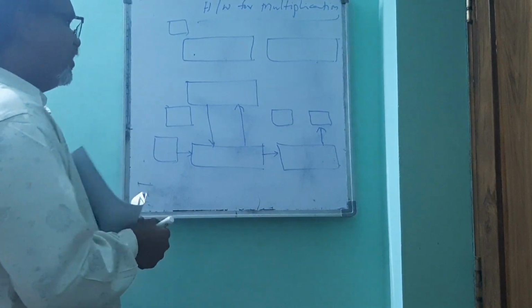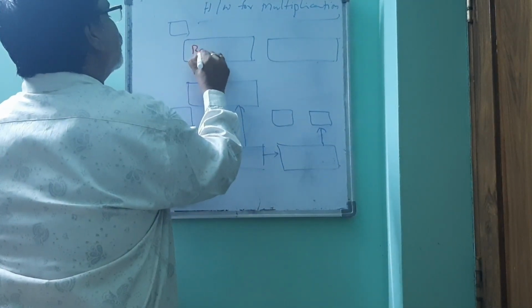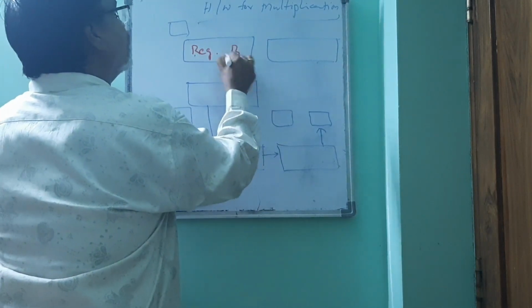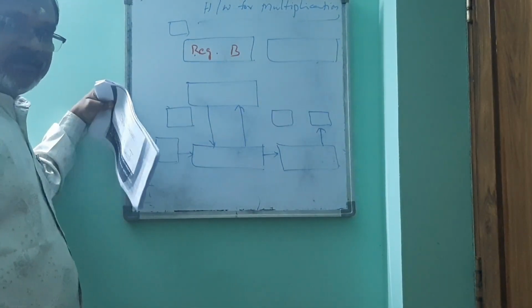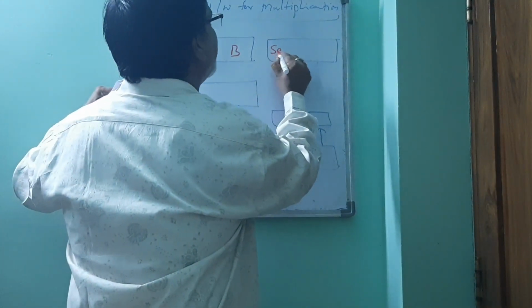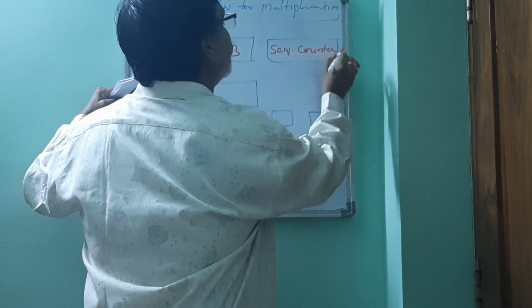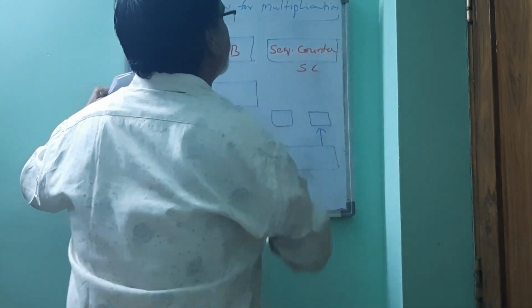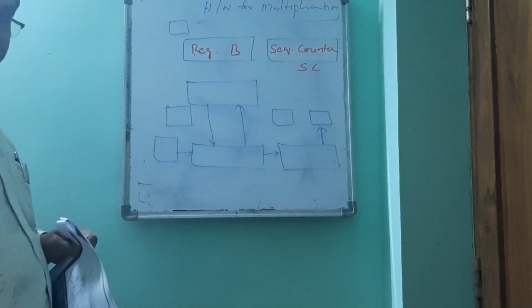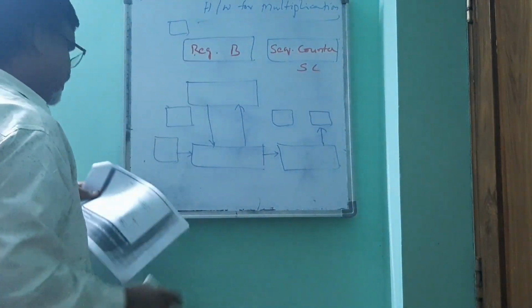Now you see here we need a register B, a register B that contains the second number. So here we need a sequence counter. A sequence counter, it may be represented as SC in short form. What all these things will be used for, I will explain after filling this diagram.